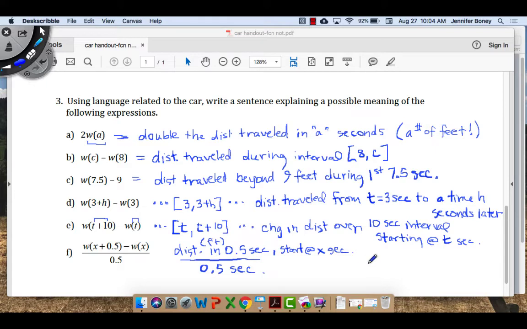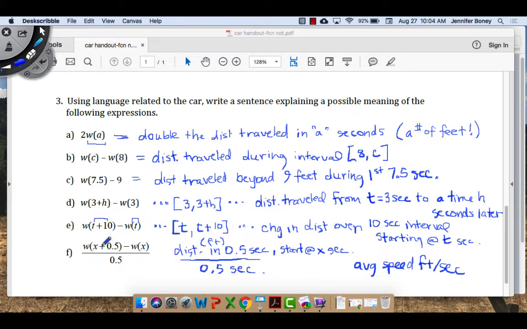But this could be some quantity that represents measured in feet per second, and it would be your feet per second during that half-second interval. So it would just giving you one number. I'll call it an average speed in feet per second. That's one thing it could be.